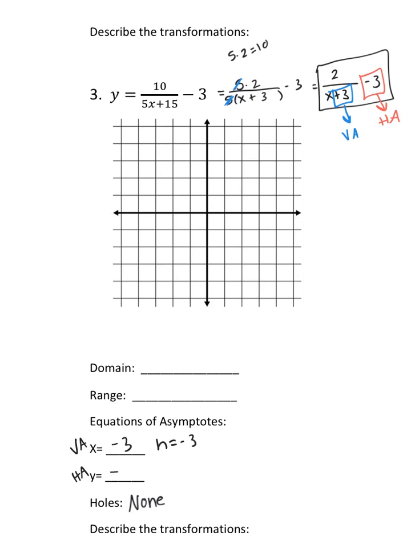Your horizontal asymptote is also at -3. So I've got an asymptote here, and I've got an asymptote here. Okay, so I'm going to go ahead and draw my function.